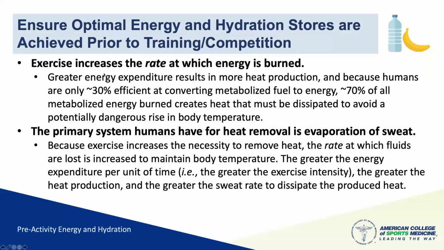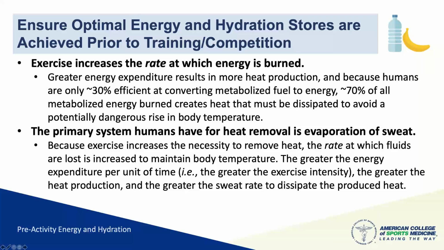So it's very important to consider that exercise increases the rate at which energy is burned. Greater energy expenditure results in more heat production. And because humans are only about 30% efficient at converting burned fuel to energy, 70% of all the metabolized energy creates heat that must be dissipated to avoid a dangerous rise in body temperature.